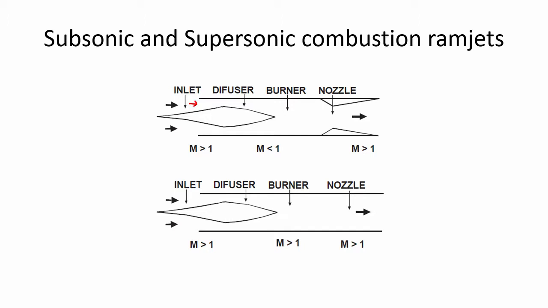So, the supersonic air comes, it passes through an area which is reducing, and because the flow is supersonic, instead of accelerating, it slows down and the pressure increases. Okay. And then of course, you have the diffuser and then you have the burner.